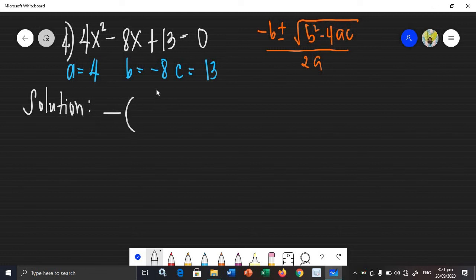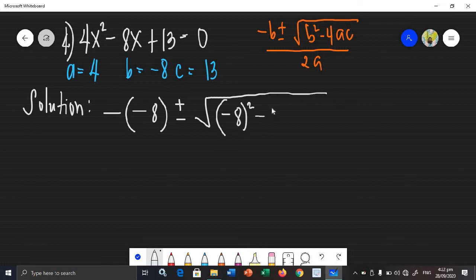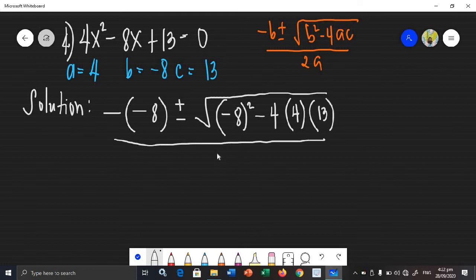So negative, and then the value of your B is negative 8, positive negative square root of B, which is negative 8 squared, minus 4. Your A is also 4, okay? And then C is 13. All over 2 times 4. Okay?